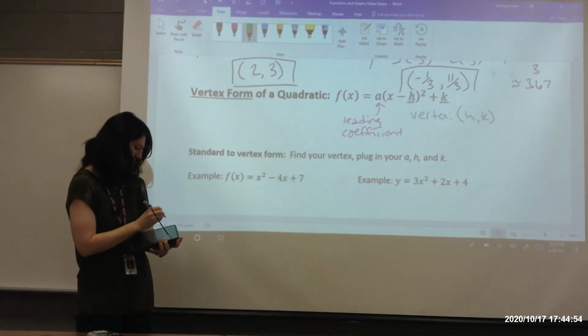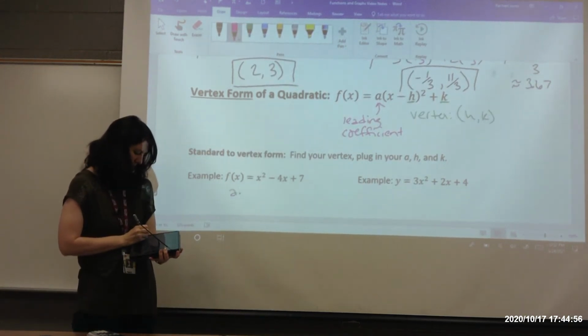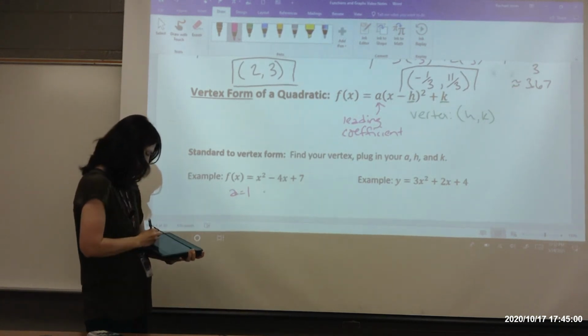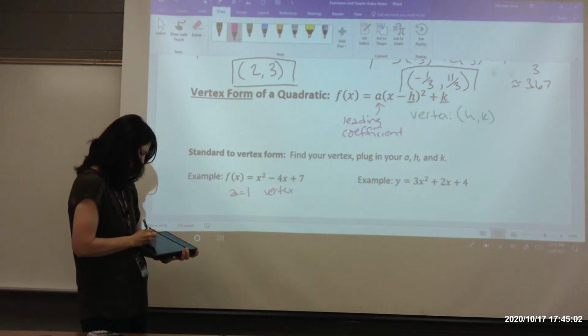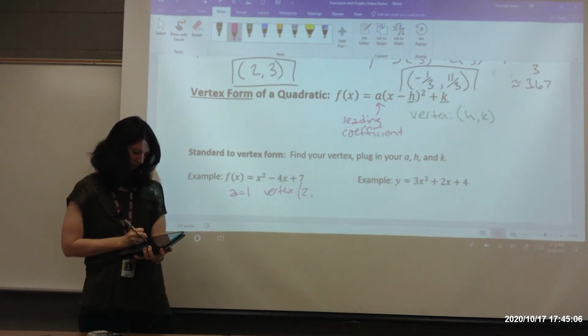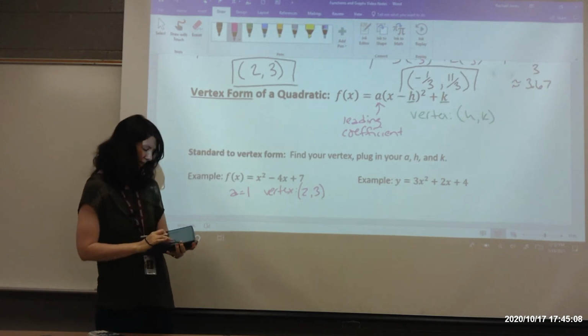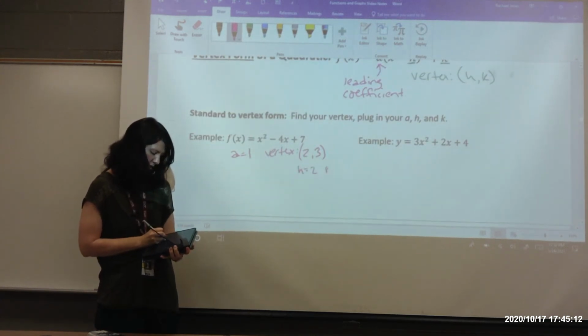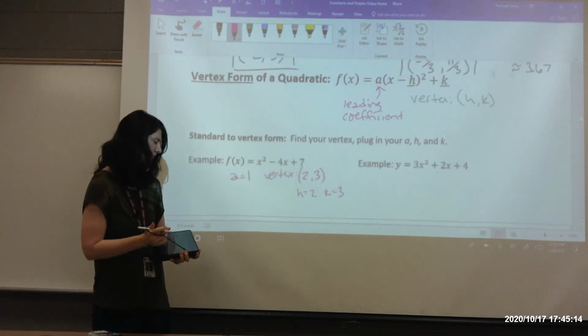So let's write that out. So a was 1. And then our vertex was, we found it to be 2, 3. So what that means is our h was 2, our k was 3. Right?